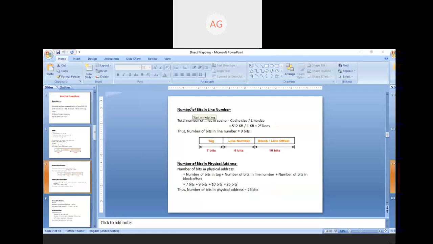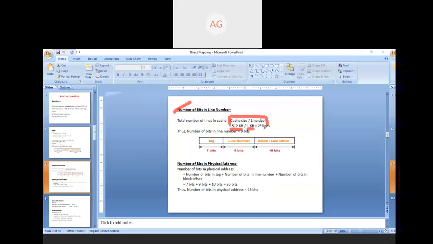So now we are going to find the number of bits in line number. Basically the total number of lines in cache is given by this formula: cache size divided by line size. So this is the formula for finding the number of lines in cache. Cache size is given to us, which is 512 KB, and line size is also given to us, which is 1 KB.